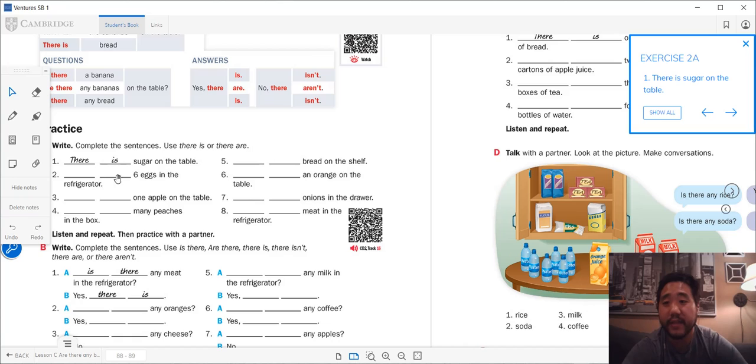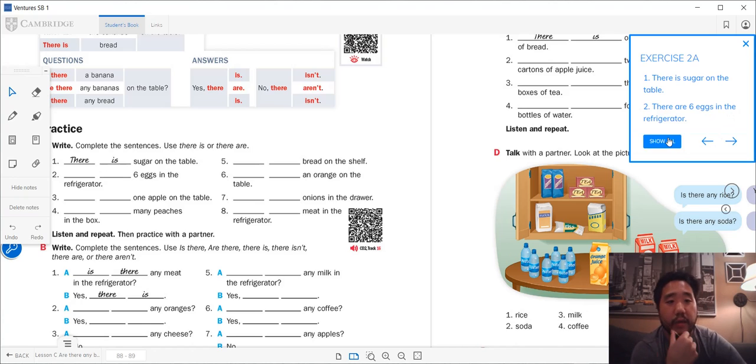Egg is a noun that can be counted, and there are 6 eggs, so it's plural. That means we have to say there are 6 eggs in the refrigerator. So it's going to look like this right here. There are 6 eggs in the refrigerator.